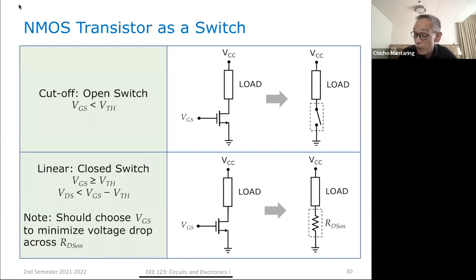On the other hand, we should also choose a value of VGS such that RDS on, remember, in the linear region we can model our transistor as a resistor, will be very much smaller than the load resistance, so that very little voltage will be lost across my switch.